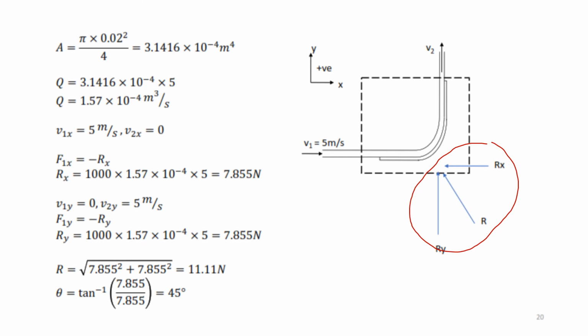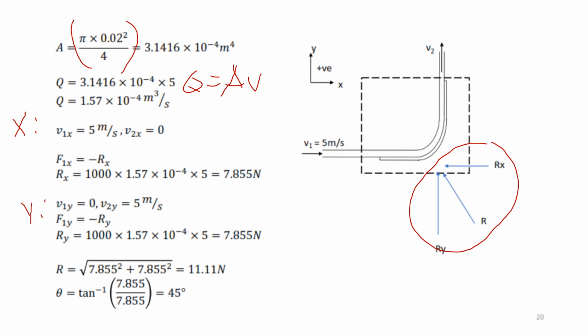We use the formula pi d squared over 4. When we get the area, we can calculate Q using the formula Q equals area times V. The velocity just now is 5. Then we need to solve one by one, this is for the x direction and this is for the y direction.